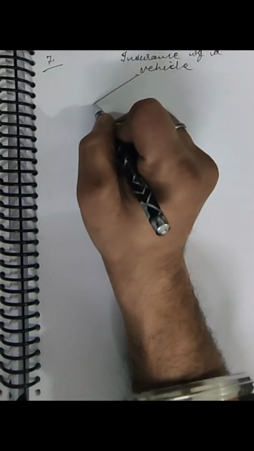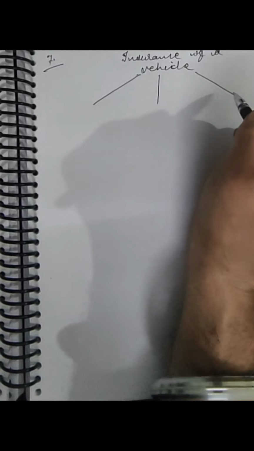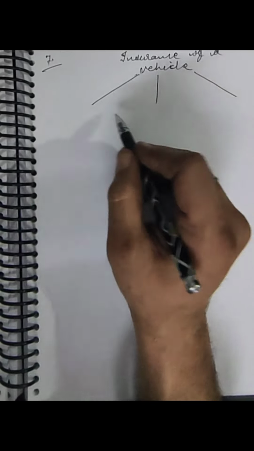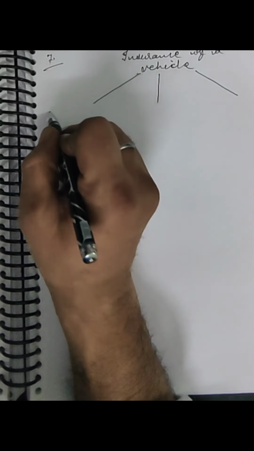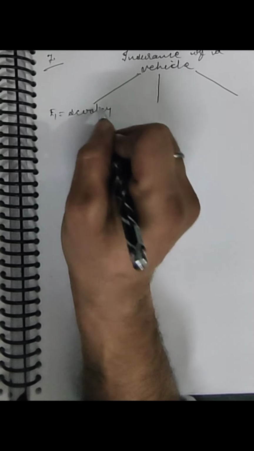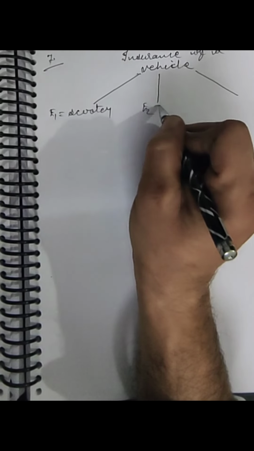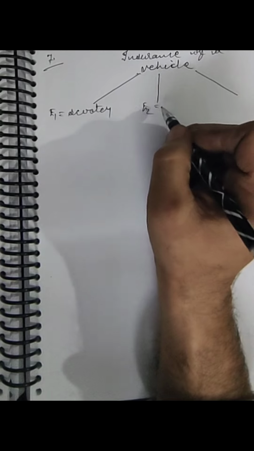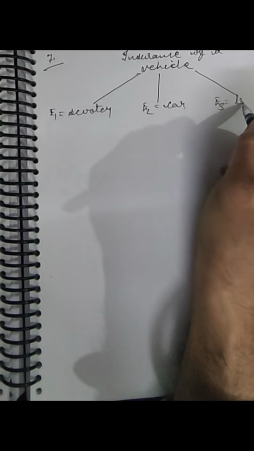Basically not an experiment, but we can see what theme we are discussing here: insurance of a vehicle. So three types of vehicles are there. E1 is scooter, E2 we are given car, E3 we are given truck.